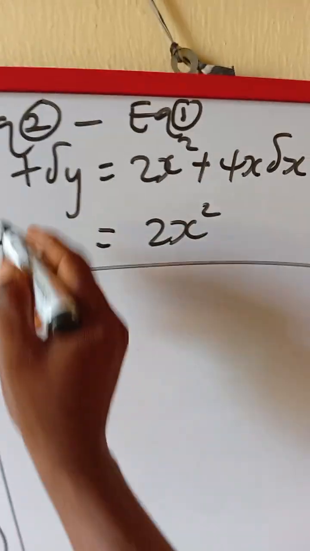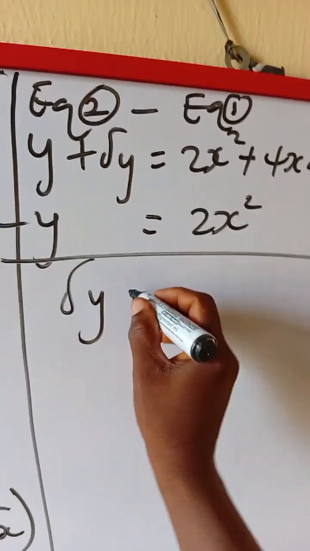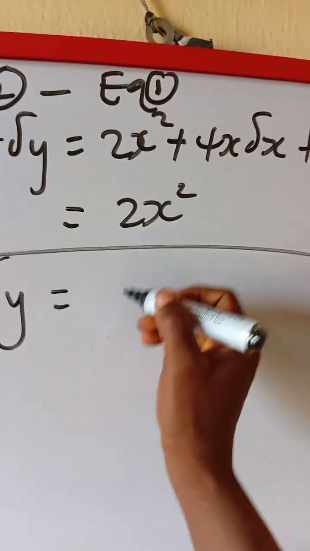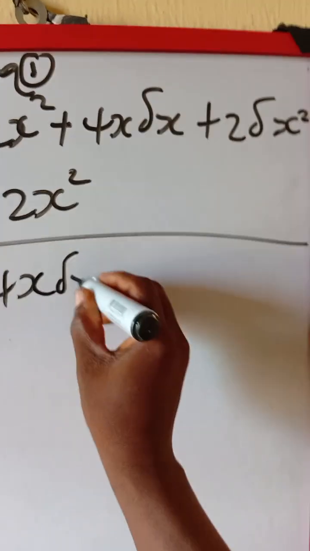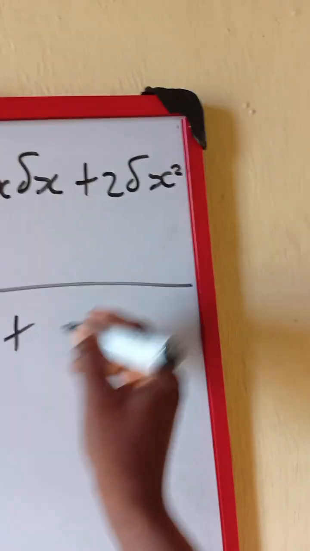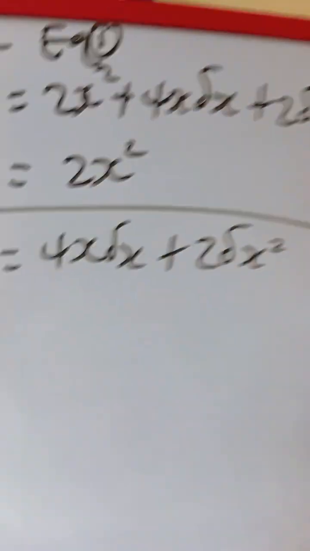So when I subtract y minus y to give me 0, I will have small change in y remaining. Then this will subtract this to be 0. I will now have this 4x small change in x and 2 small change in x squared.